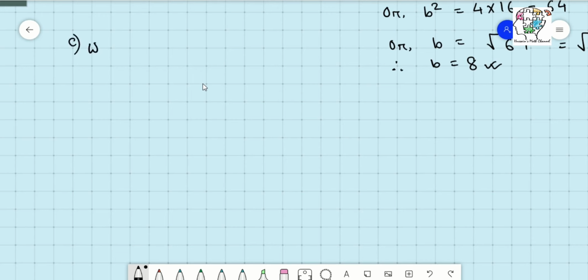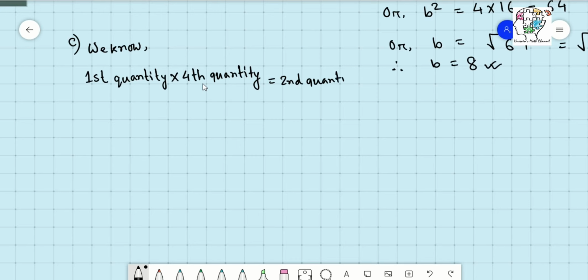At first we just can write, we know the rule of 3 formula is: first quantity times fourth quantity is equal to second quantity times third quantity.